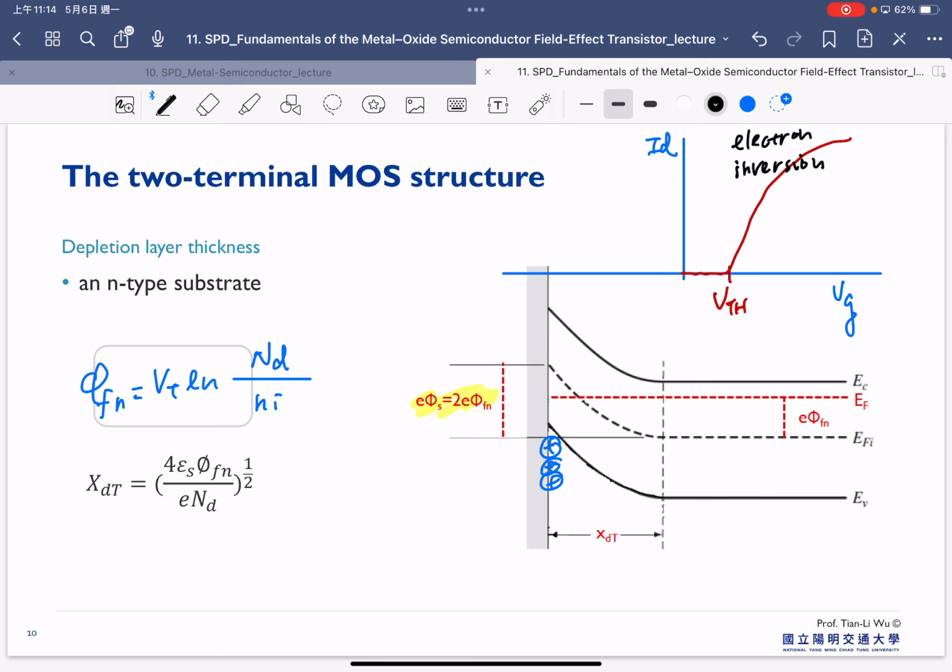And this is the case under the P-type substrate. Because this is P-type but we have electron inversion, that's why we call this an N-channel MOSFET. That's usually what we call an NMOS.